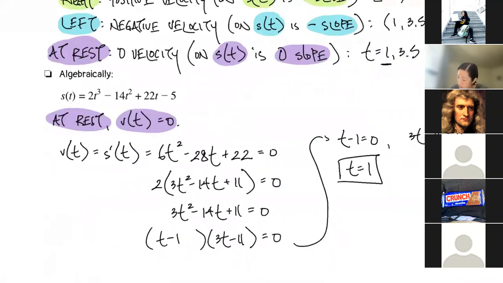So we can add our 11 to both sides. We can divide by 3. And we'll get 11/3, which is roughly 3.5-ish, give or take a little bit. And so it seems like our algebraic answers support our graphical answers. Okay.